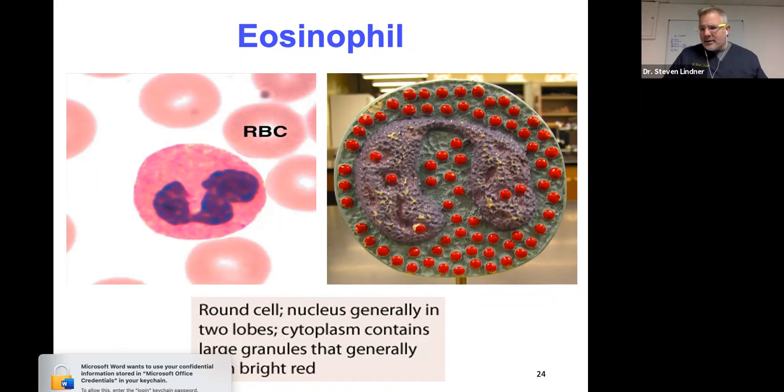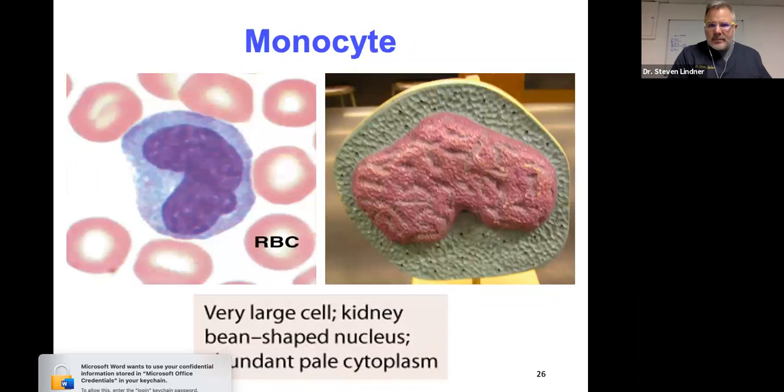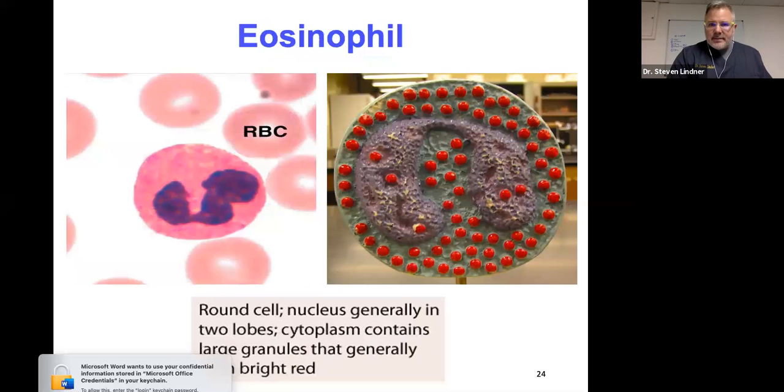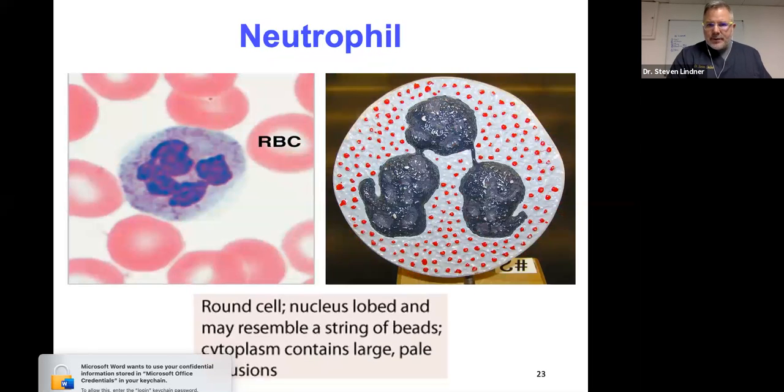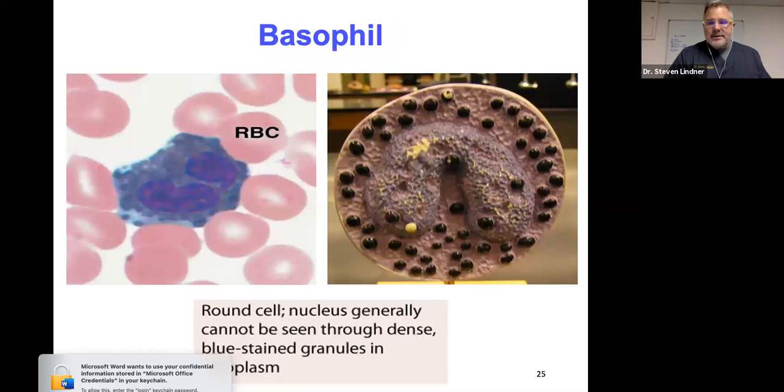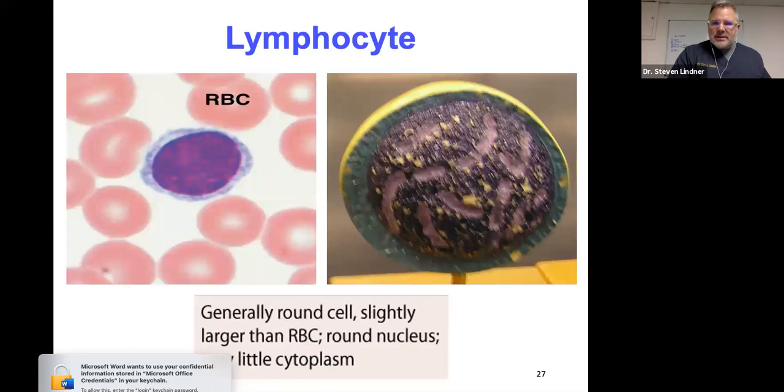Eosinophils are high with allergies. They're also high with parasitic infections. Okay, so these 3, the neutrophil, eosinophil, and basophil, those are granular sites. Those are white blood cells that are called granular sites. The agranular sites are these 2, lymphocytes and monocytes.